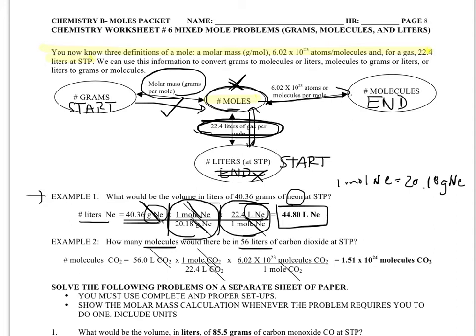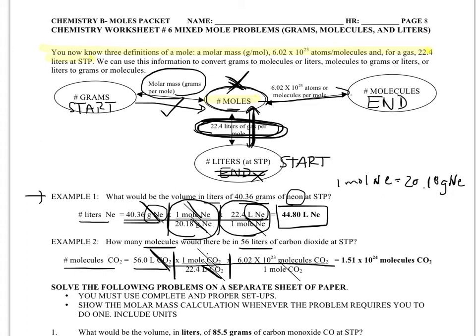All right, so let's see what we did here. I want to find molecules. I'm given liters. I will create my picket fence. So my first goal is to get from liters to moles, right? So I'm going to use my 22.4, liters being equal to 1 mole, put liters on the bottom so I can cancel it out. I don't want my answer to be in moles, which is what I would have if I solved right now, right?